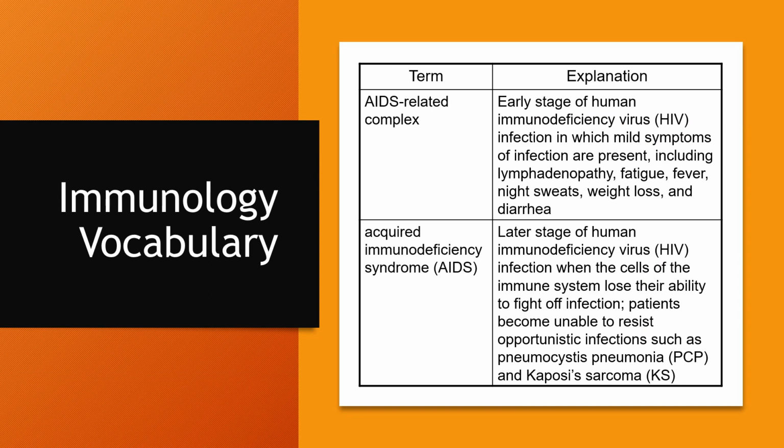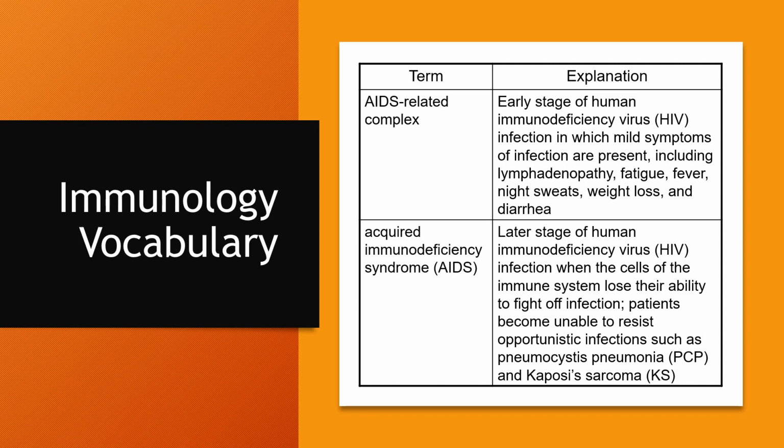So let's review some immunology vocabulary, and let me encourage you to follow along with me in your textbook because there's some great pictures and additional explanations there. AIDS-related complex is the early stage of human immunodeficiency virus, HIV infection, in which mild symptoms of infection are present, including lymphadenopathy, fatigue, fever, night sweats, weight loss, and diarrhea.